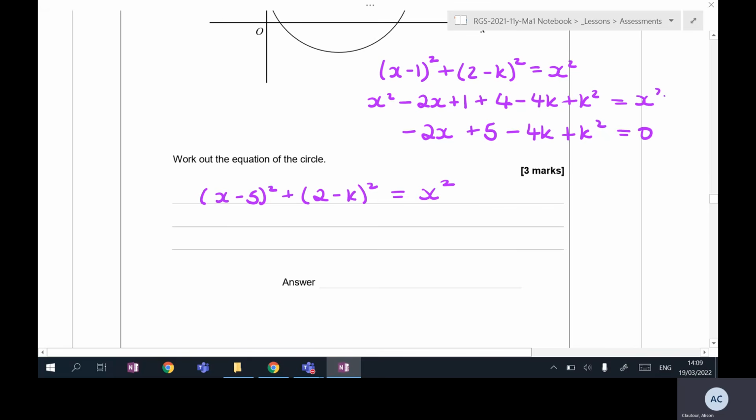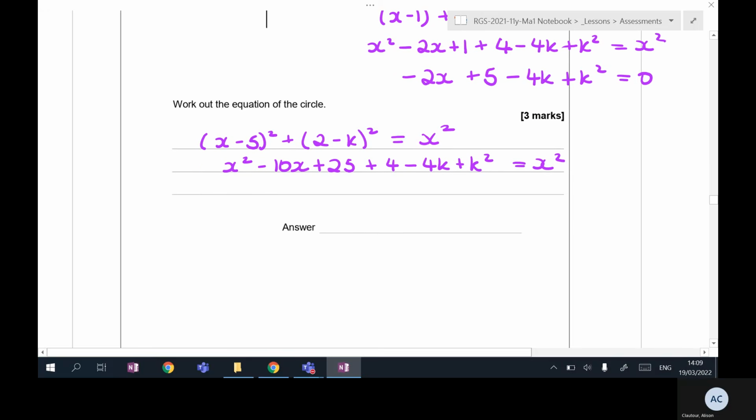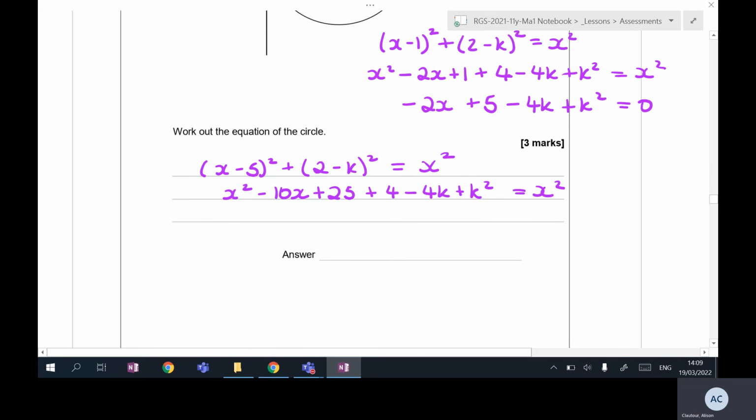That's going to equal x squared as well. So x squared minus 10x plus 25 plus 4 minus 4k plus k squared is going to equal x squared. So if I subtract x squared both times and simplify this, I've got minus 10x plus 29 minus 4k plus k squared equals 0.